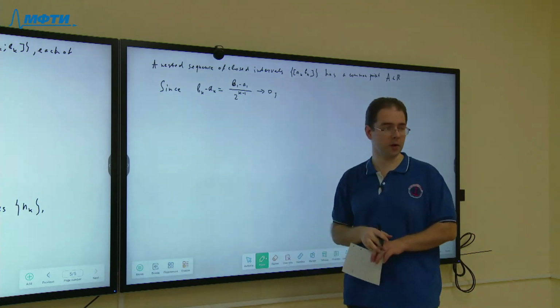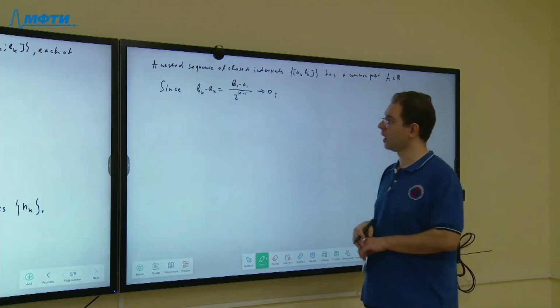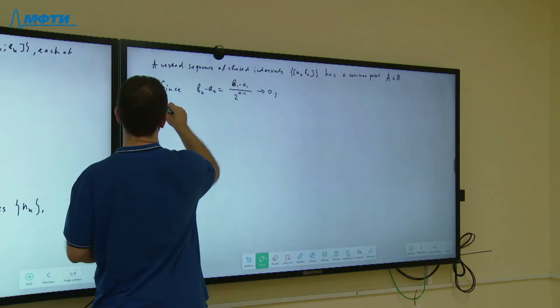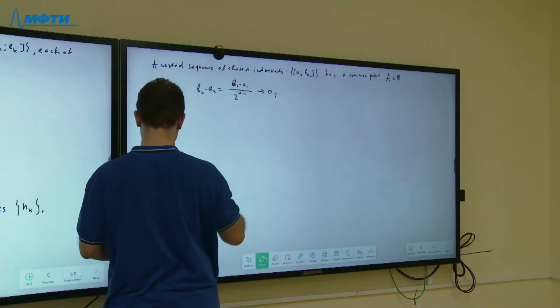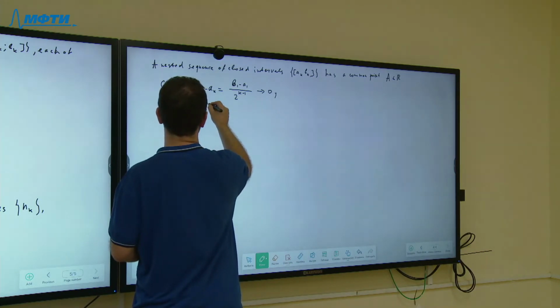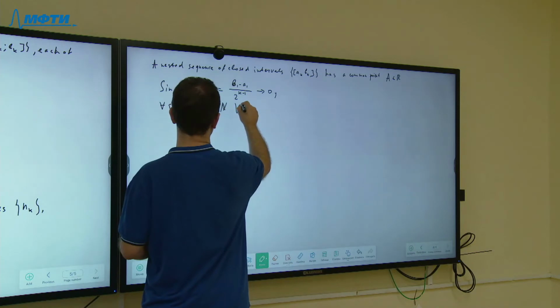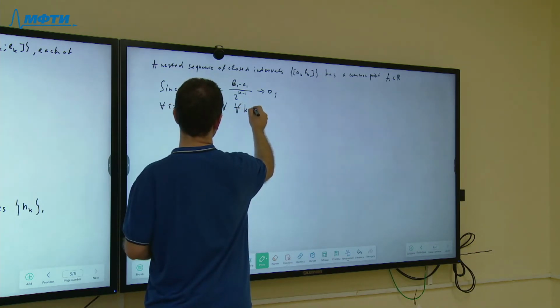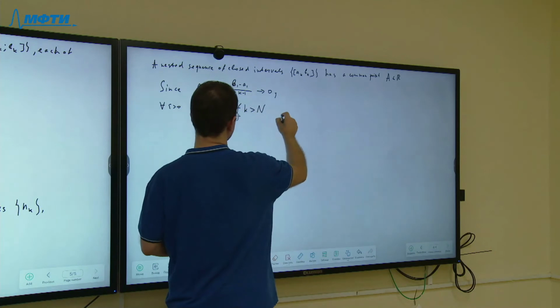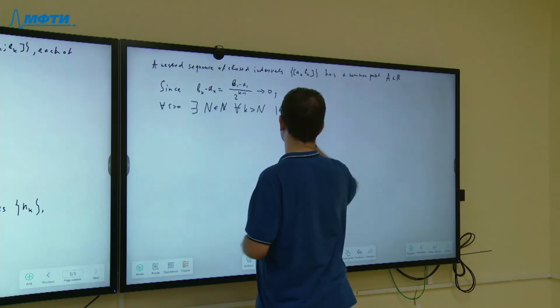Since the length of those intervals tends to 0, for any epsilon greater than 0, there exists capital N such that for any k greater than capital N, bk minus ak is less than epsilon.